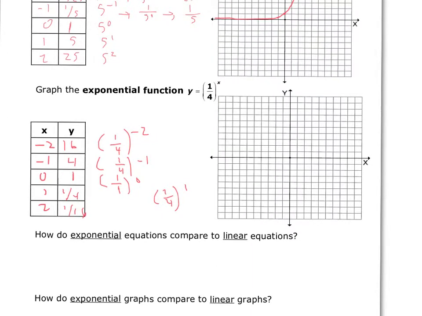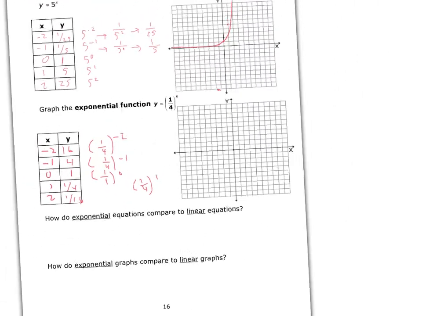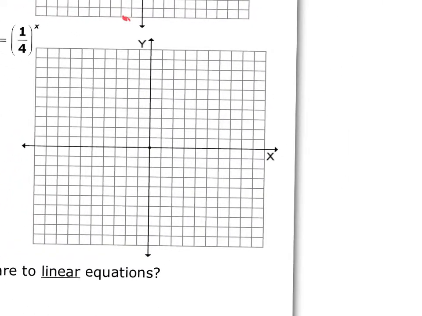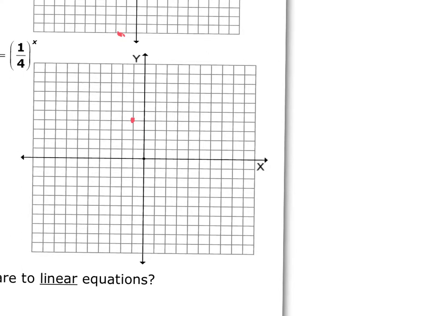Okay, so let's plug these in on your graph here. So we have -2, 16. So go left 2, then up 16. You're going to end up being off your graph again. Should have made these a little larger, I guess. Then you have -1, 4. Then you have 0, 1.